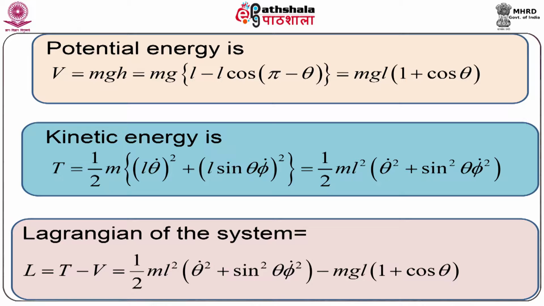Kinetic energy is given by T equal to half m into L theta dot square plus L sin theta phi dot its square, equal to half m L square into theta dot square plus sin square theta phi dot square.